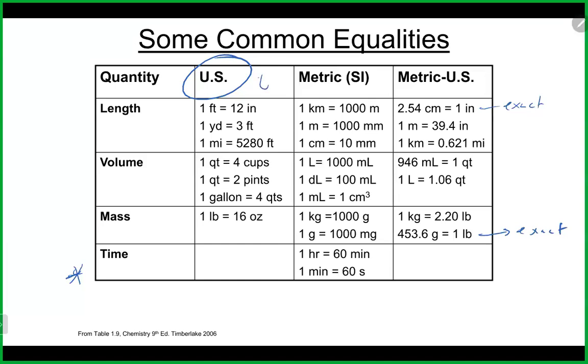So these would all be considered exact. Same thing here. Anything that would fall in a metric to metric conversion would also be considered exact. So if you're using 1 kilometer is 1,000 meters, you don't have to worry about significant figures in that conversion factor. You just ignore it when you're doing your calculation.